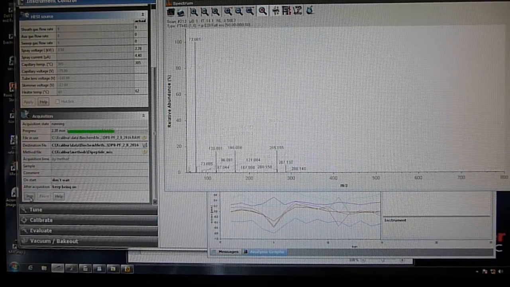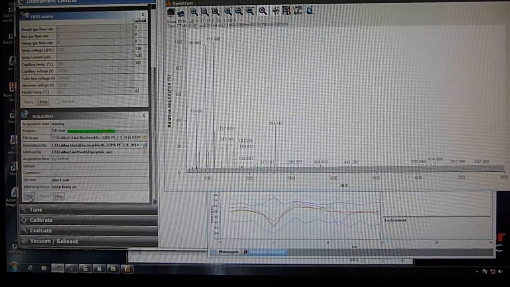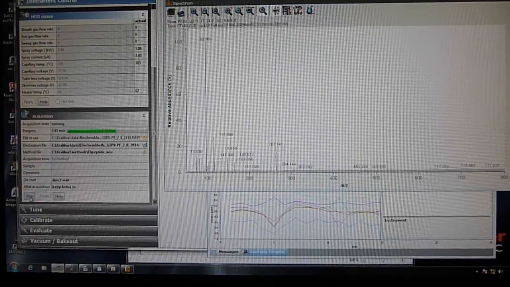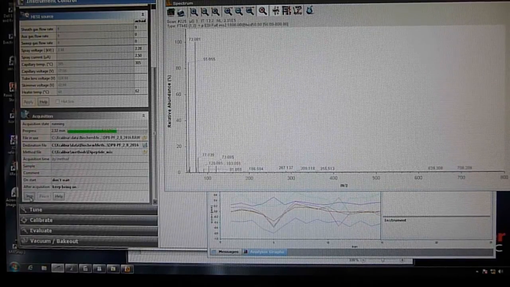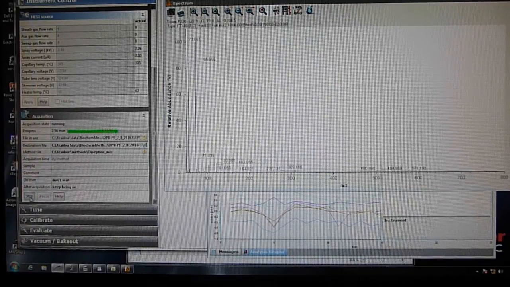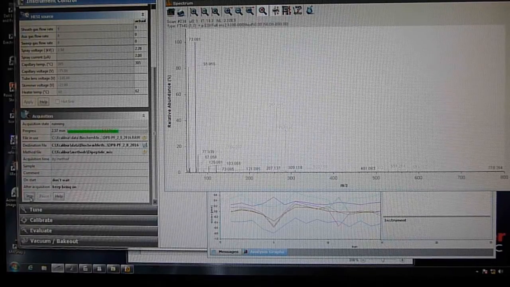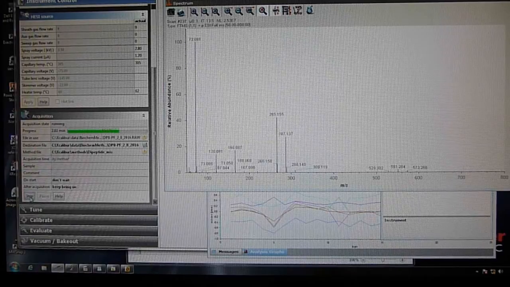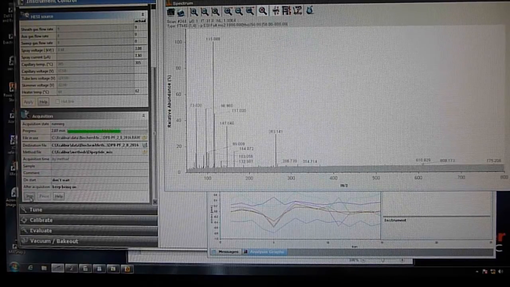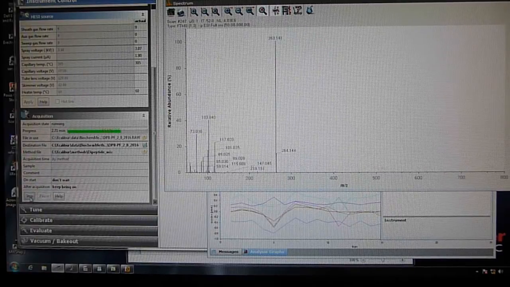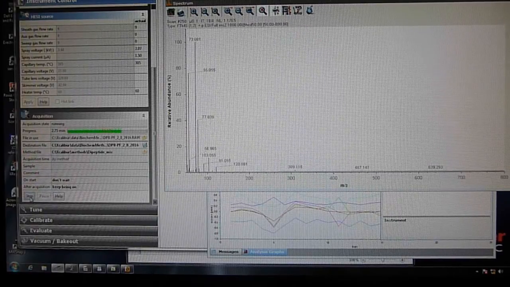There we go, 263, 263, 265, 263, 265. We can see. So data collection will continue for another 70 seconds.